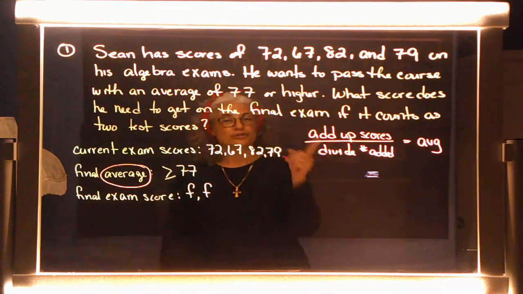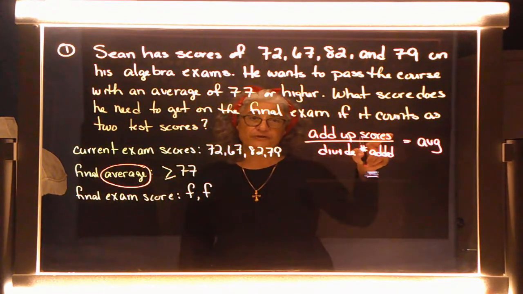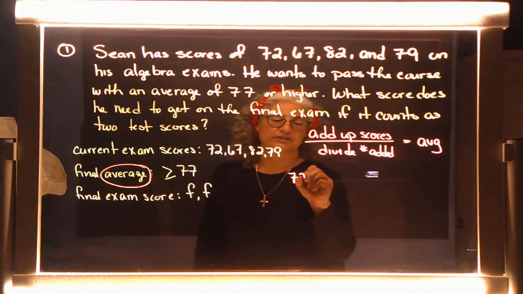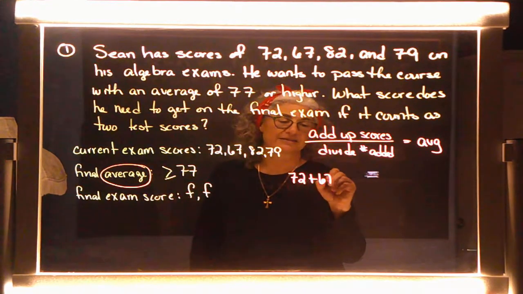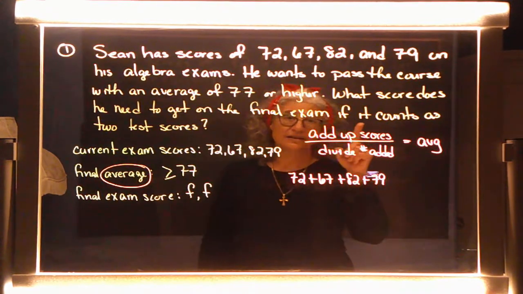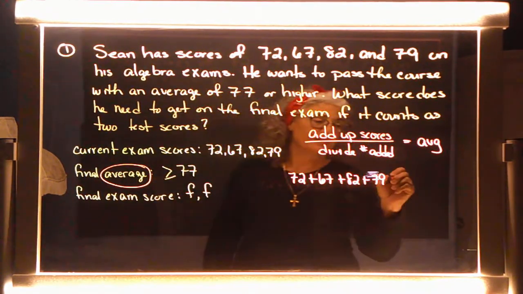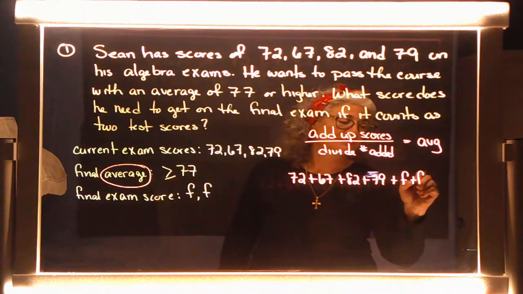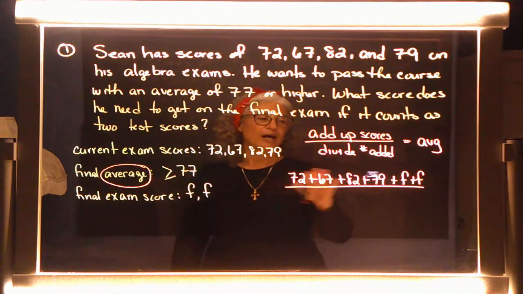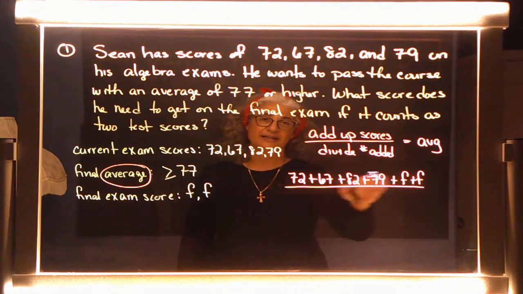Okay. So in this case, I have to add up all the scores, don't I? So I'm going to take the 72, add it to the 67, to the 82, to the 79, and I'm going to add those 2 finals in there. And then you're supposed to divide by how much you added. Well, how many scores am I adding?